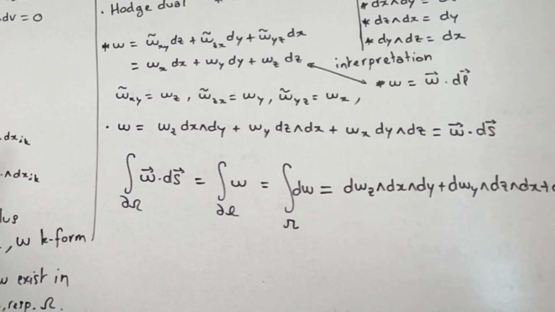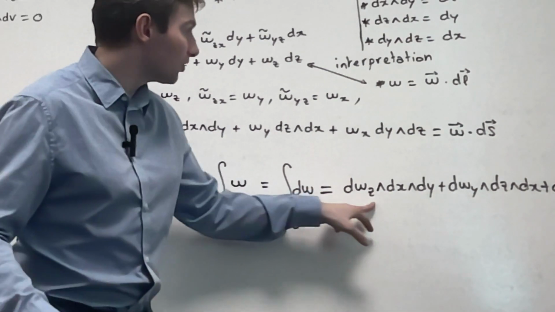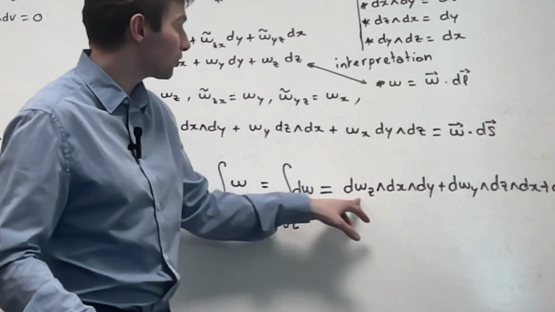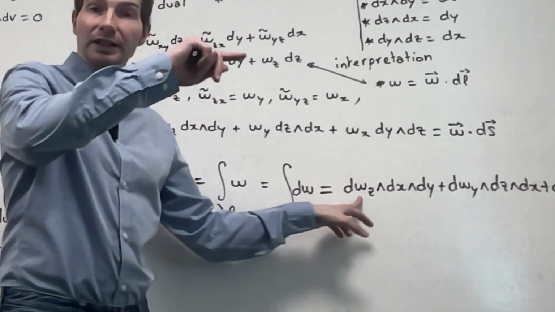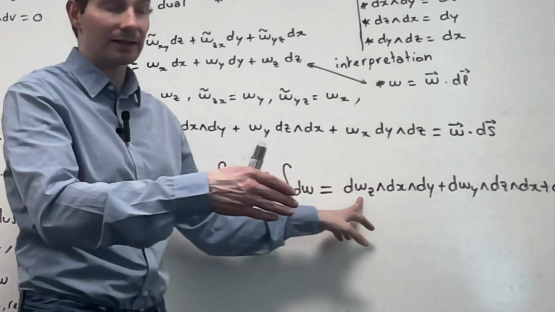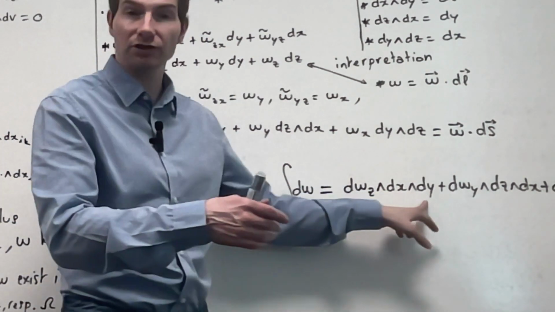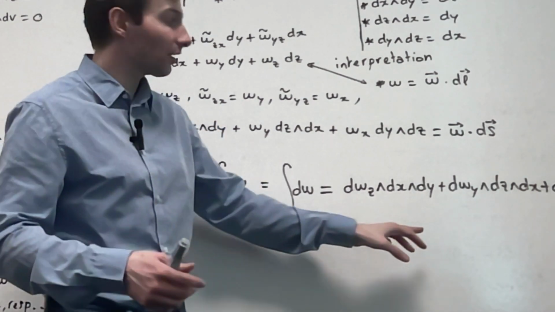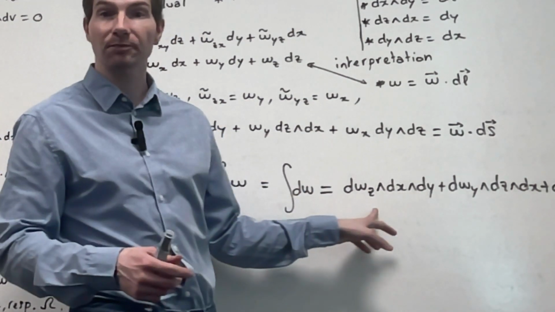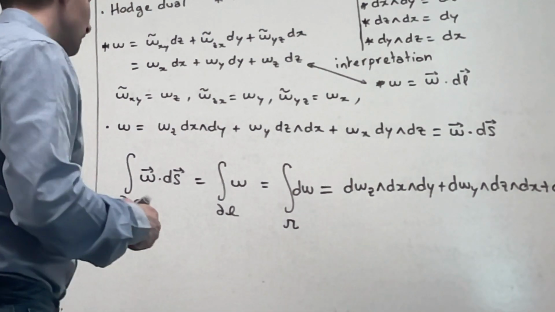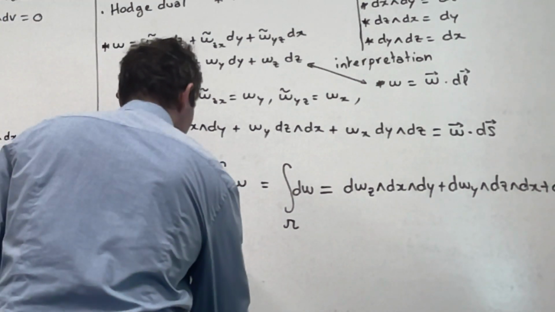And you need to remember what we've seen here: dx wedge dx is 0, dy wedge dy is 0. So for example here, the only non-zero contribution is going to come from d omega z over dz, dz, and then wedge dx wedge dy. If I had anything else, I would obtain strictly 0.